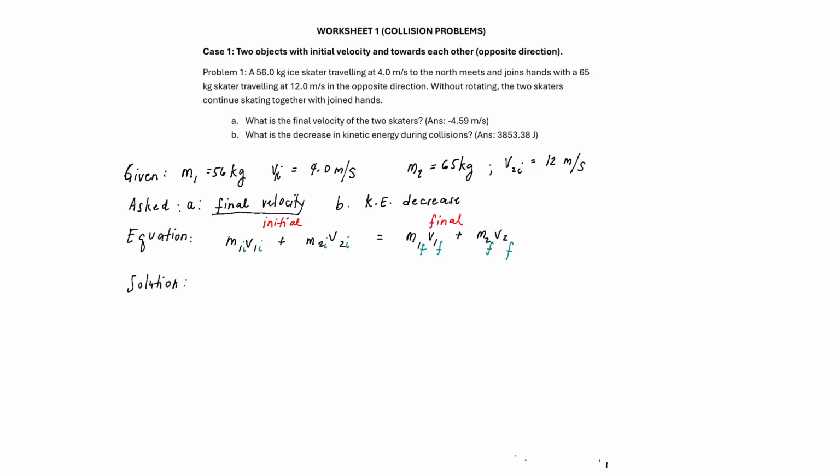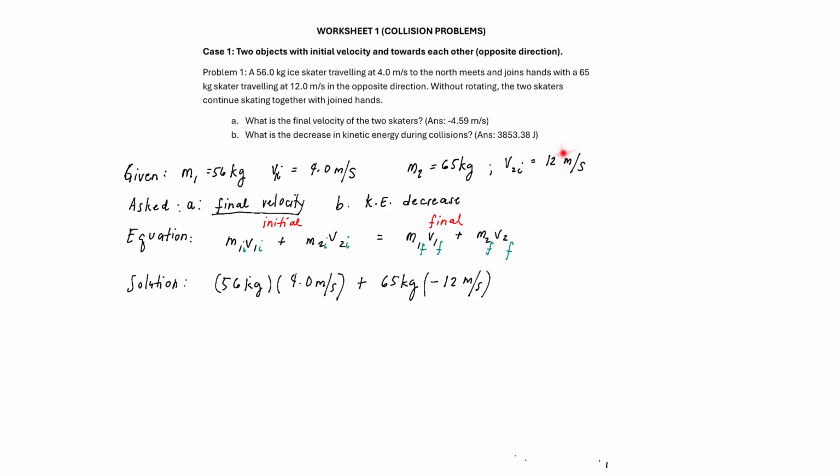The mass 1 value is 56 kilograms multiplied by the initial velocity, 4 meters per second, plus, we have to take note that the velocity 2i here is negative, which is negative 12 meters per second.